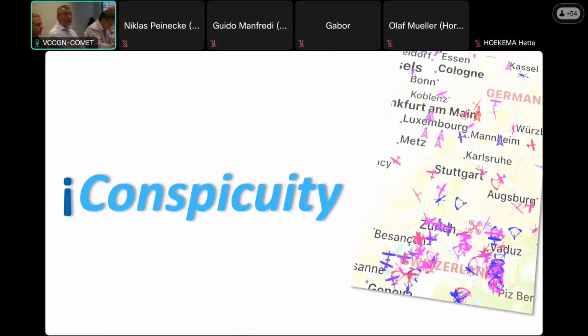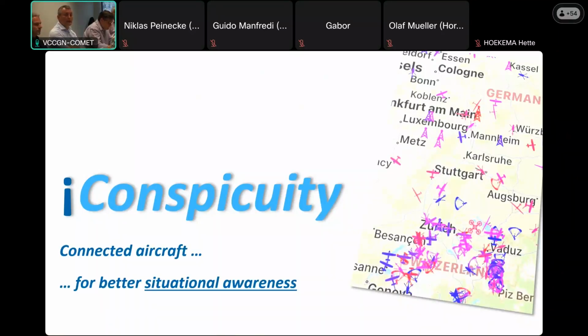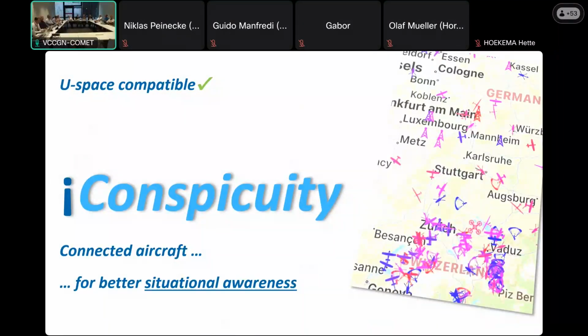What iConspicuity stands for, in a brief explanation, is connected aircraft for better, and this is a key word here, situational awareness. We are aiming to improve situational awareness, not only for pilots, but also for those on the ground. We are not talking about surveillance, we're not talking about detect and avoid.